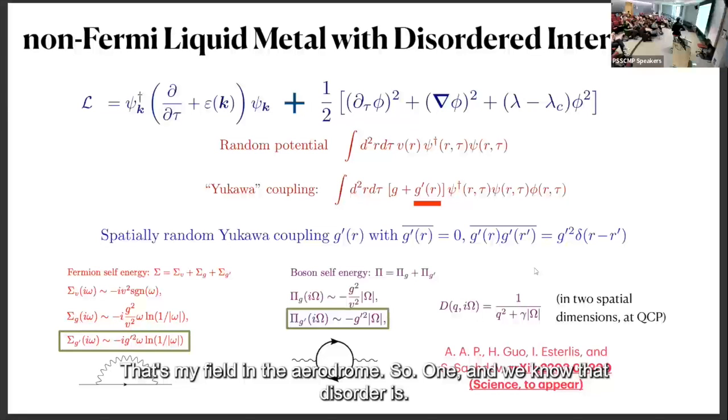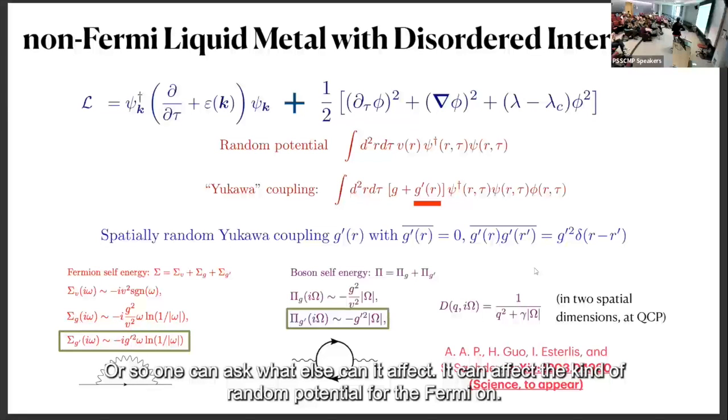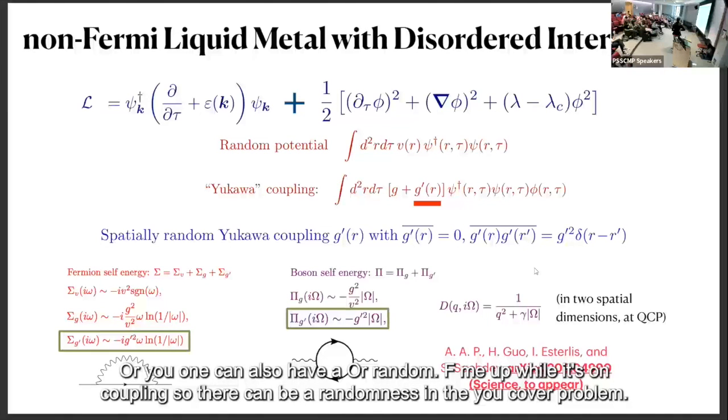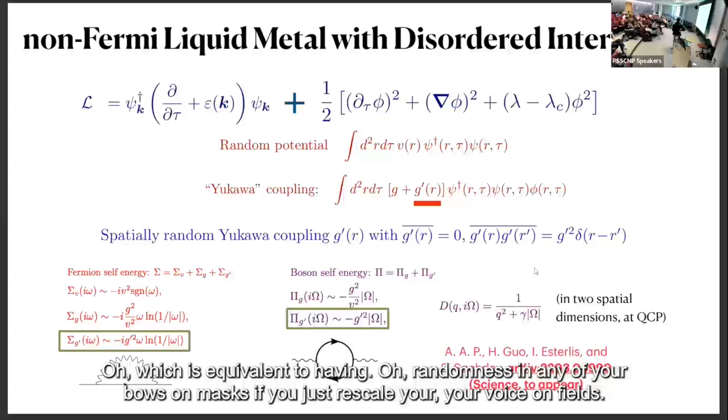So we know that disorder is important, so one can ask what else can it affect? It can affect the random potential for the fermion. But one can also have a random fermion-boson coupling, so there can be a randomness in the Yukawa coupling, which is equivalent to having a randomness in your boson mass if you just rescale your boson fields.